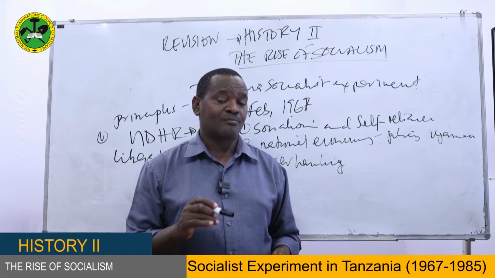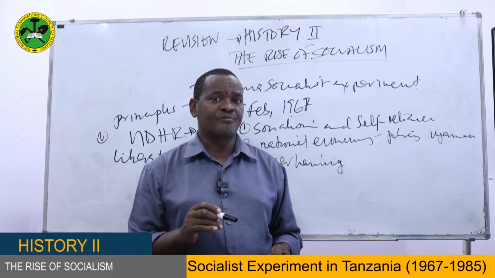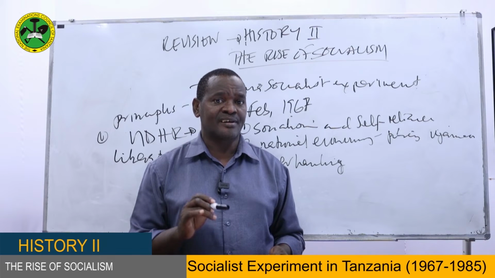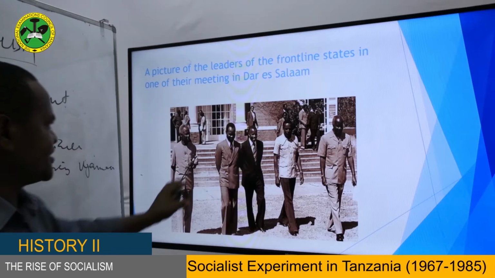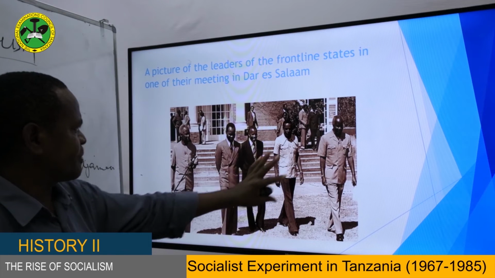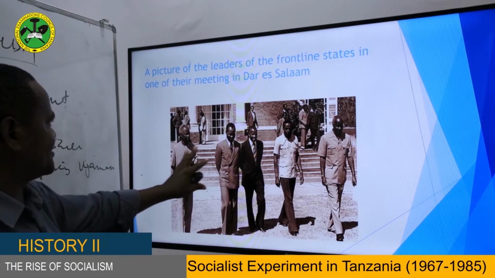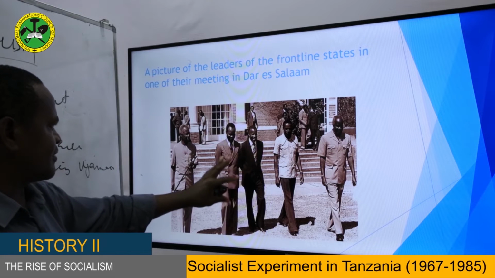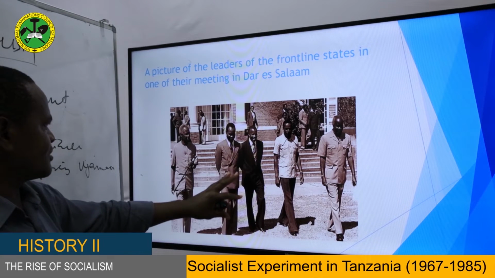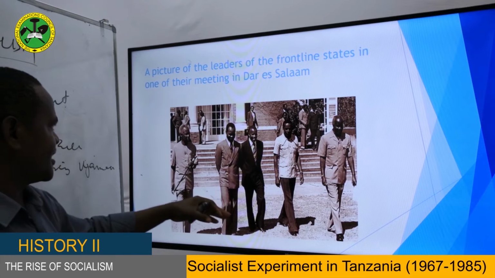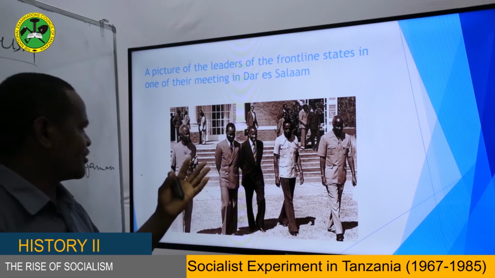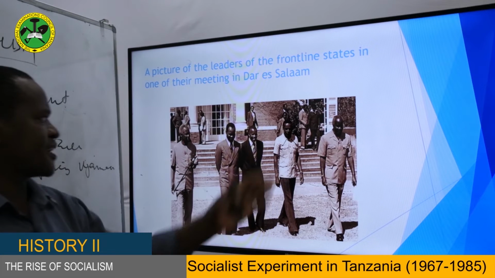And that's why Mwalimu Nyerere was the chairman of the frontline states which were supporting the liberation movements in Southern Africa. And as you can see, this is the picture, my dear students, which shows the leaders of the frontline states just walking out after they came out from the meeting. This is Mwalimu Nyerere. Of course, there is also Samora Machel. This is Kaunda, and so on.